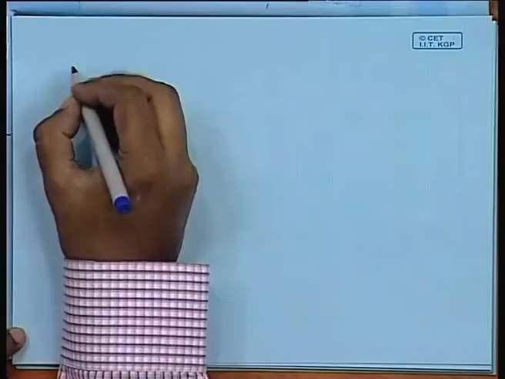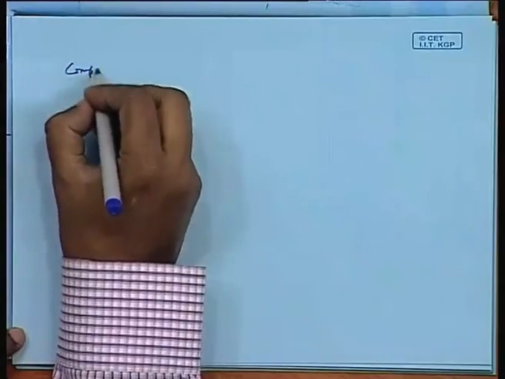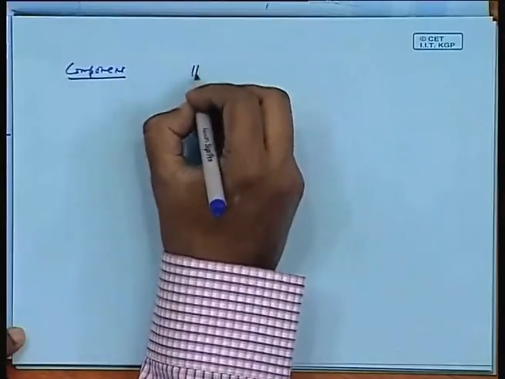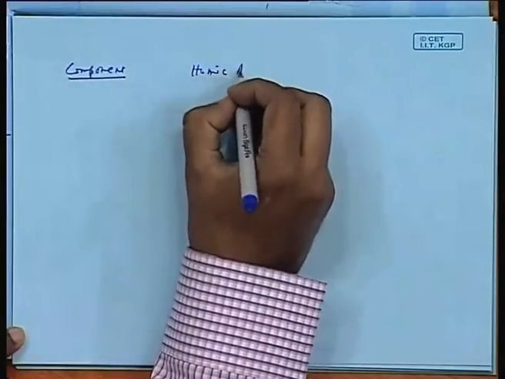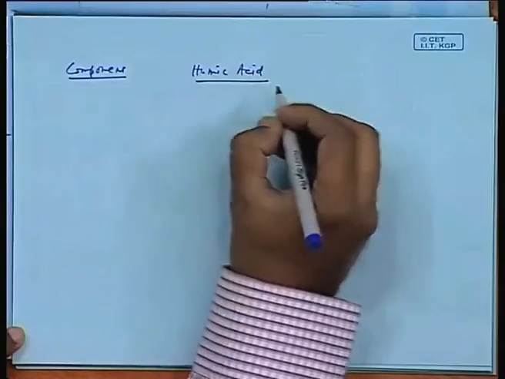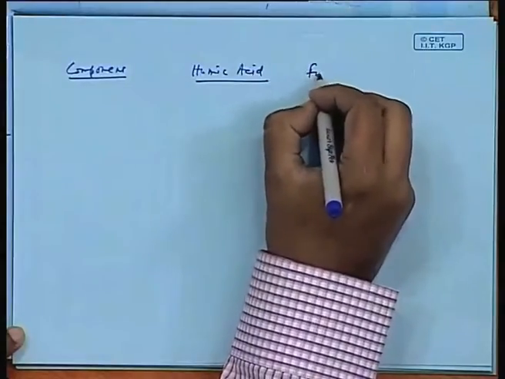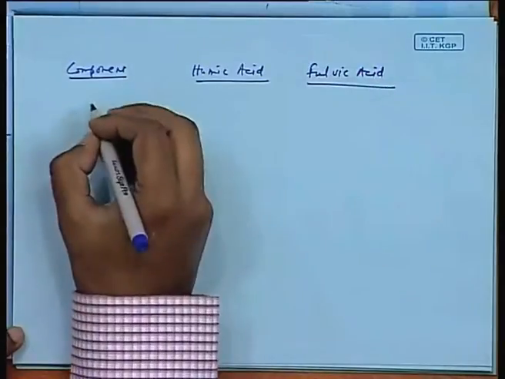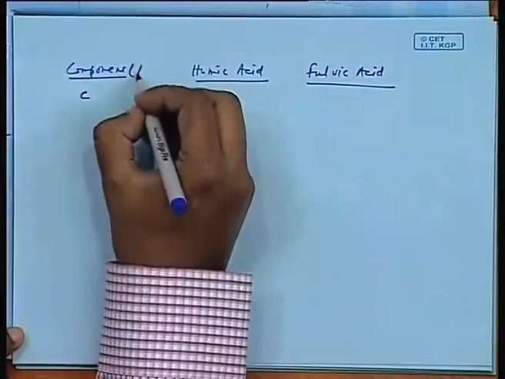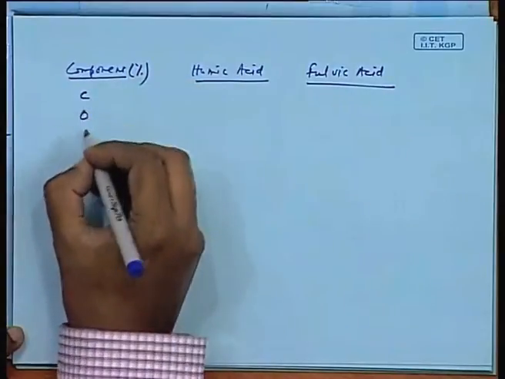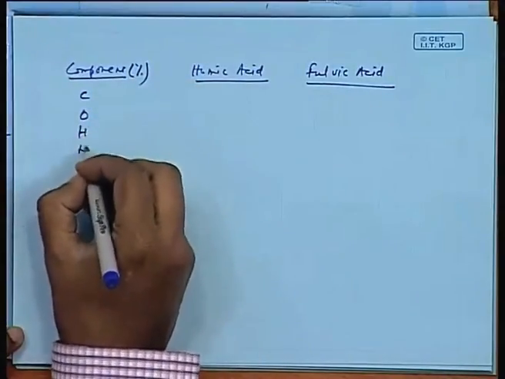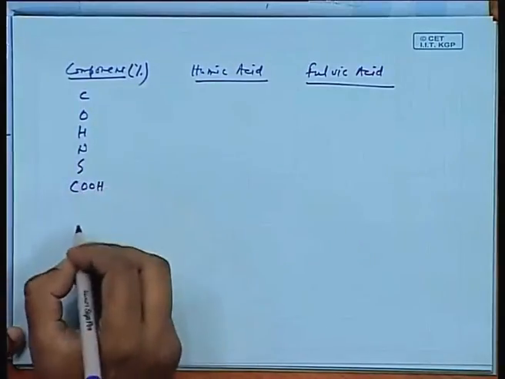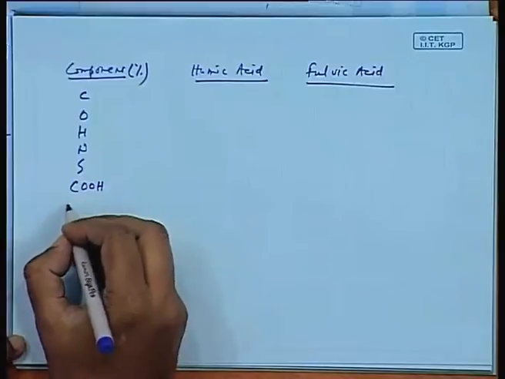The components are humic acid and fulvic acid, with percentages of carbon, oxygen, hydrogen, nitrogen, sulfur, COOH as a radical, and phenolic OH.